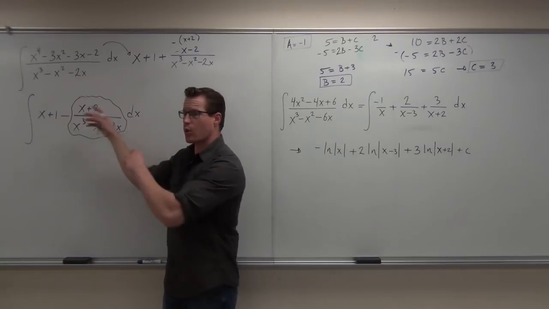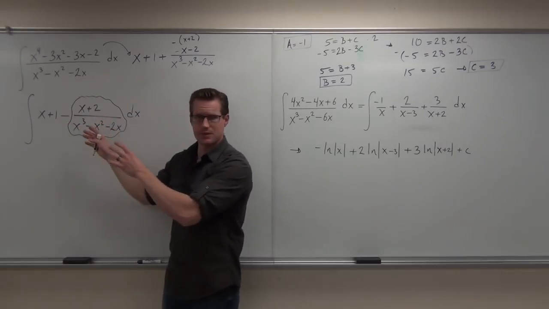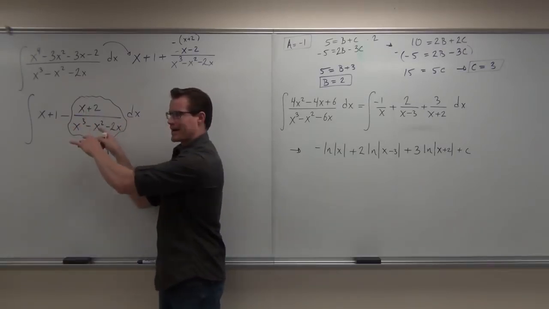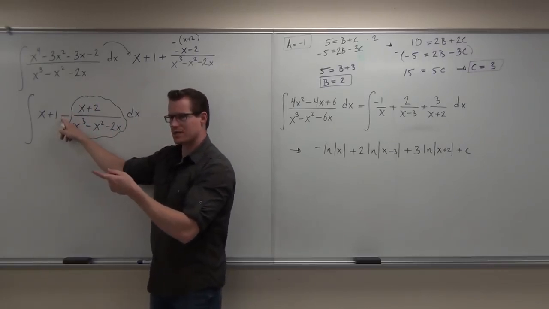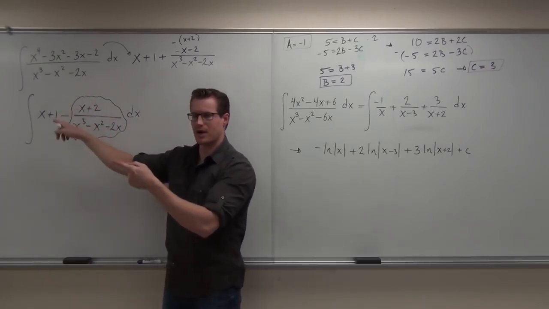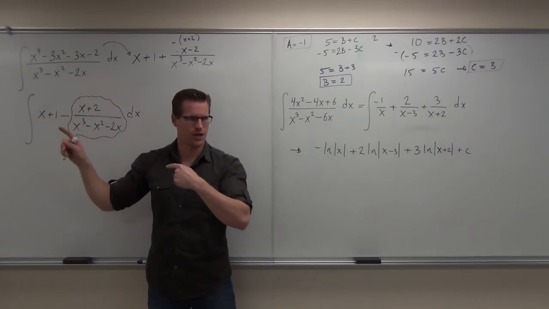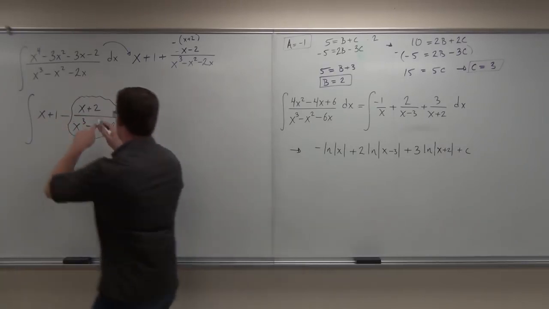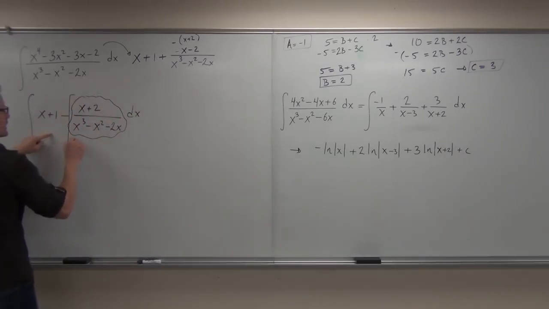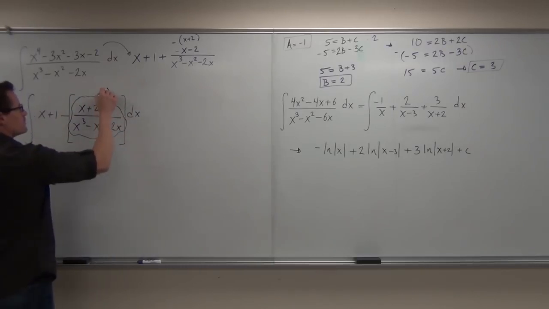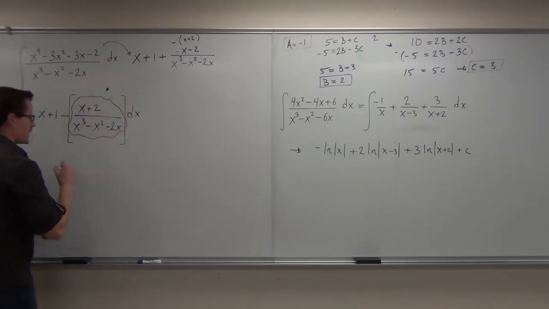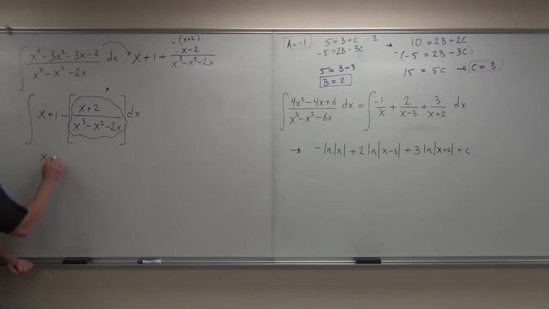Whatever we get is going to be in a bracket. This minus, we're going to treat like a negative 1 being multiplied onto that bracket. It's going to change all of our signs. Are you following me on this one? So put a big bracket right now. That's what I typically do. And we'll pull this off to the side and we'll work with it. So here's our piece right here.